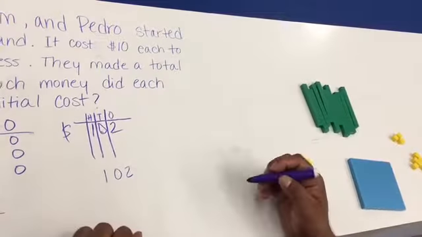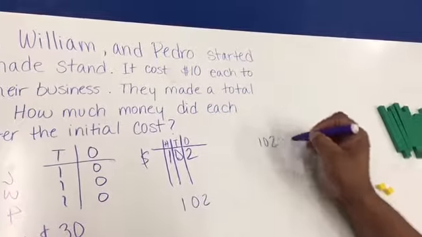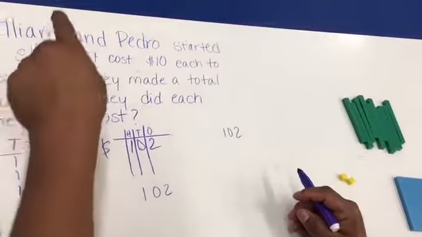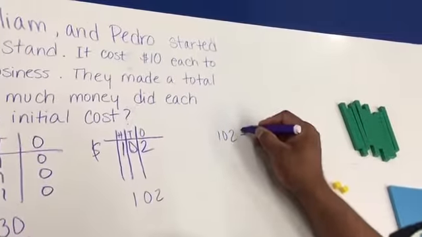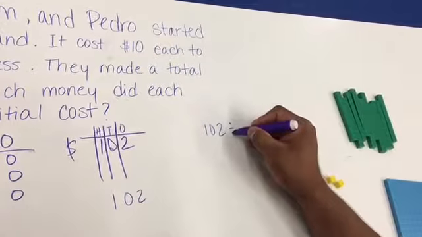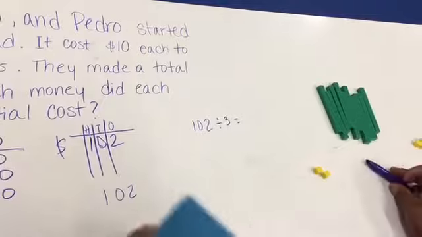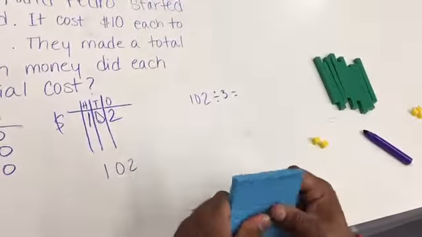Okay guys, since we know that our number is 102 and the number of people that started this business is 3, John, William, and Pedro, we know that we have to divide 102 by 3, right? Unfortunately for us, our flat cannot be divided.